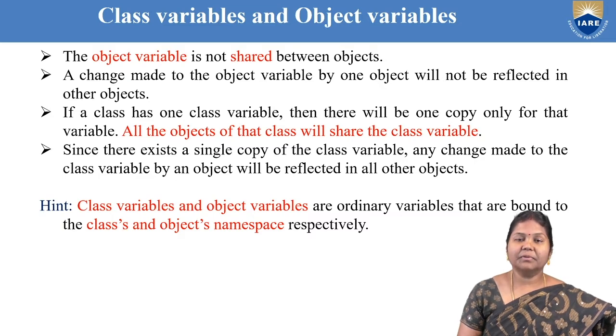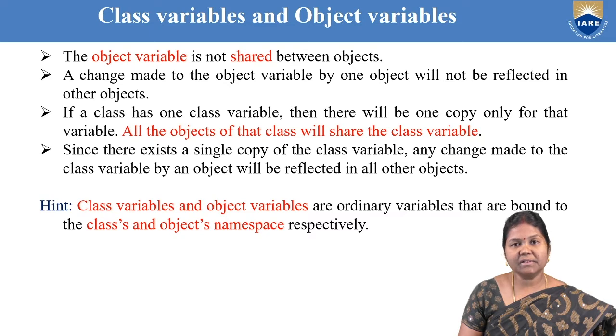But the class variables are shared among all objects. So, any change you make to an object variable will not be reflected in the other objects, because if you have n number of objects, then there will be n copies of the object variable.